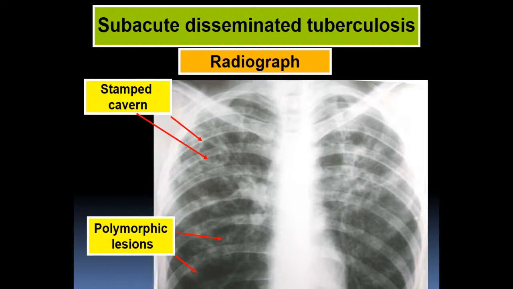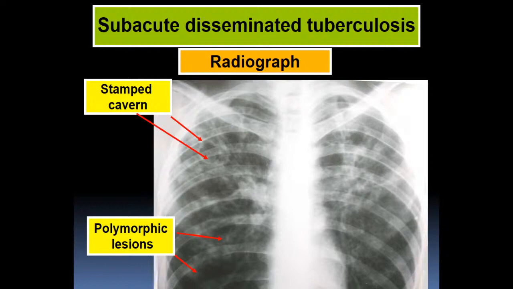We can see soft focal shadows and shadows of middle density. But fibrosis and calcification are absent in this form of TB, not typical for subacute dissemination.